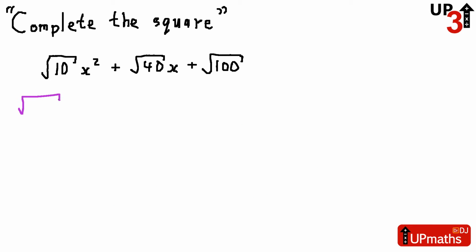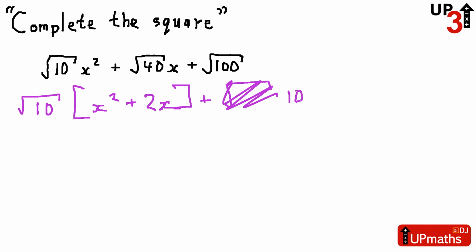Again, I'm just going to follow the standard method. X squared plus root 4 root 10, which is just 2. If you multiply that out, you get root 40. Oh, that's just 10, isn't it? Let's just write 10 to save time.